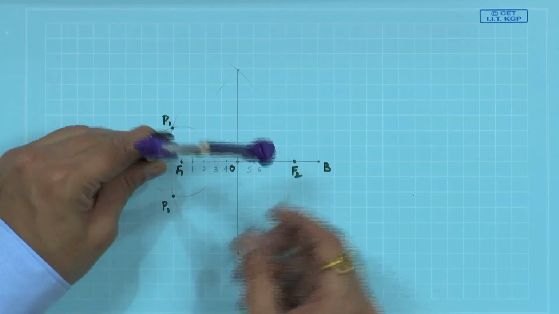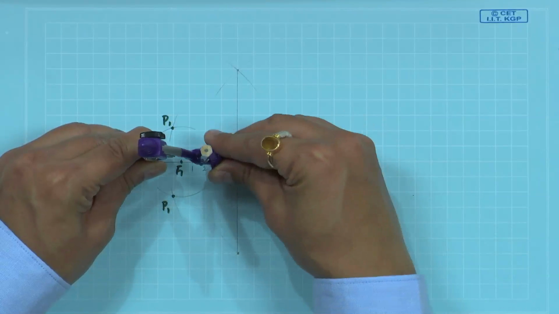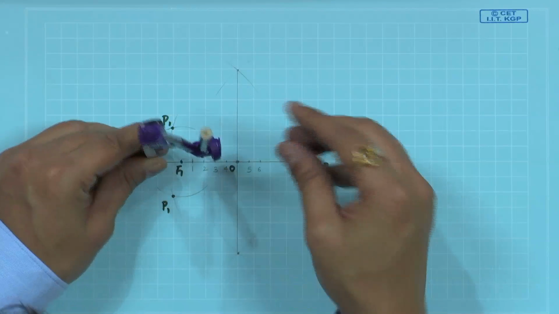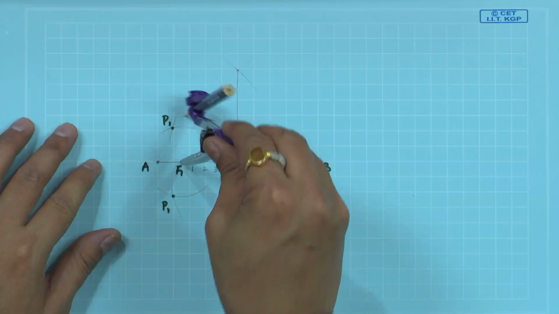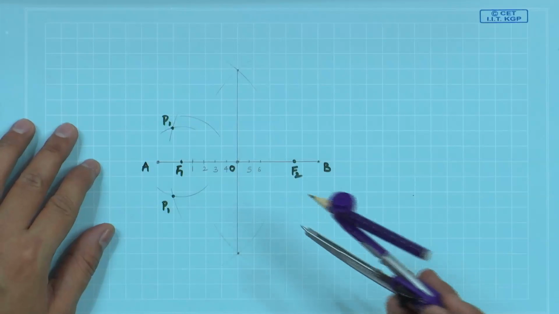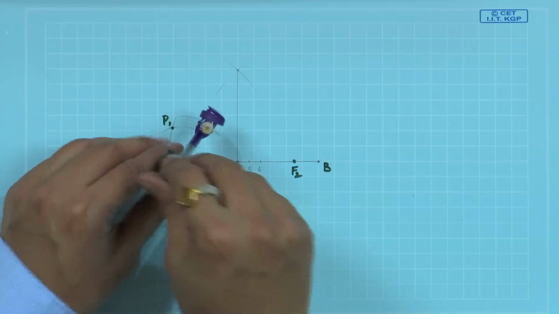Now, pick the point A to 2. This is A to 2 centered around the focus F1 on both sides.